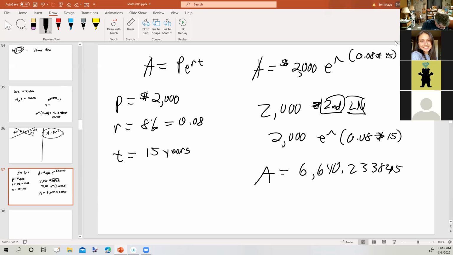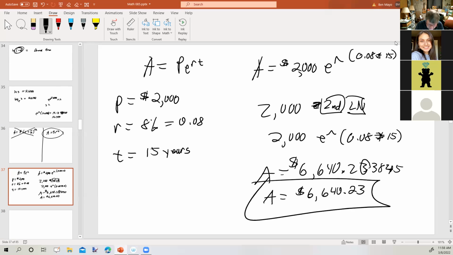But, so we're talking money here, right? So unless it says otherwise, we'd round off to the nearest cent, because this is dollars. So A is $6,640.23. Okay with that? Any questions there?